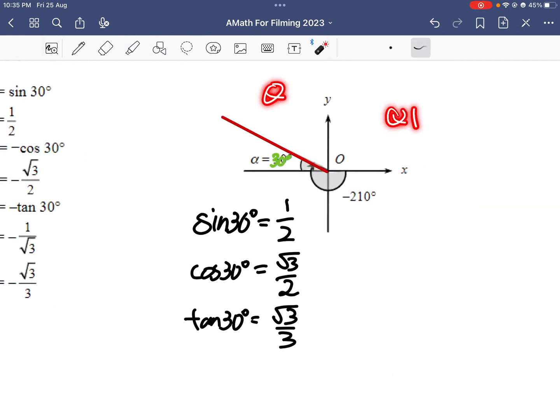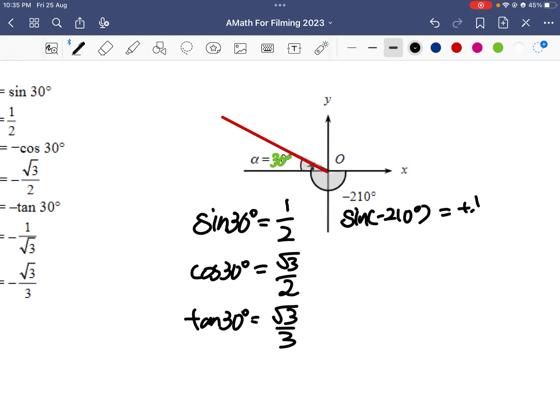Now, which quadrant am I in? I'm in the second quadrant. Second quadrant, AS, only the sine ratio is positive. Hence, because only sine ratio is positive, sine of negative 210 is equals to positive half from here.